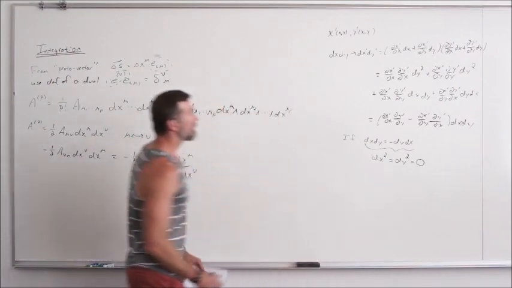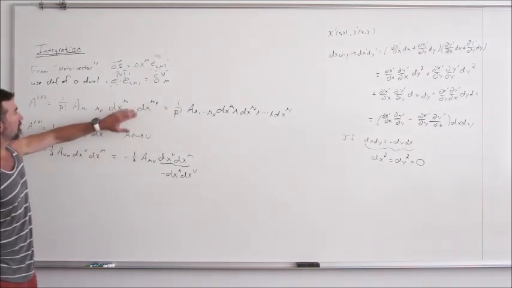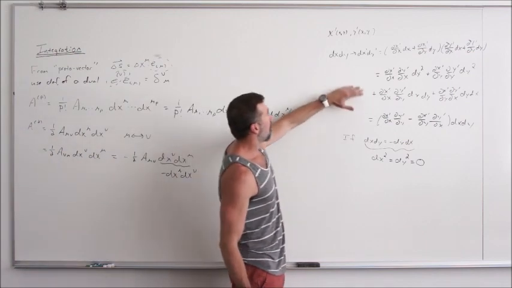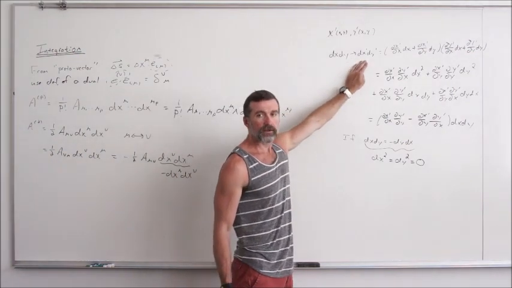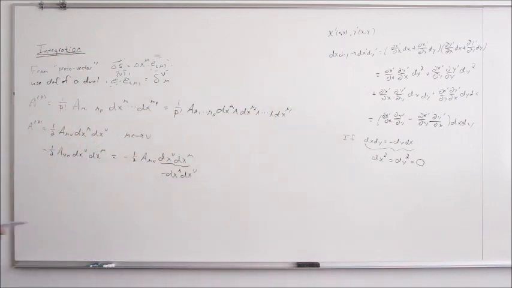So what we are seeing is that the anti-commutativity of these coordinate differentials, okay, is actually acting like an integration measure. Clearly this is going to be key to the integration of forms.